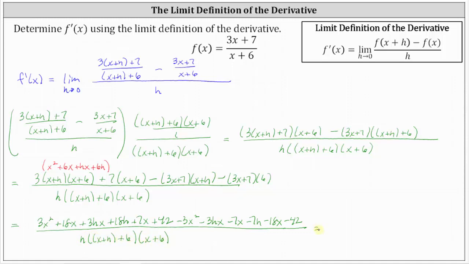And now we simplify the numerator. We have 3x squared minus 3x squared, 18x minus 18x, 3hx minus 3hx, 7x minus 7x, as well as 42 minus 42. Notice now we're left with 18h minus 7h, which is 11h, over the same denominator, which is h times the quantity x plus h plus 6 times the quantity x plus 6.